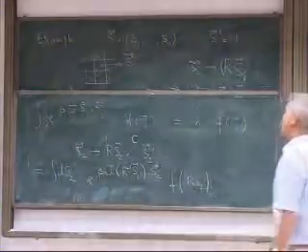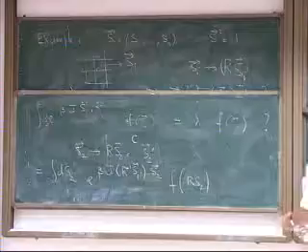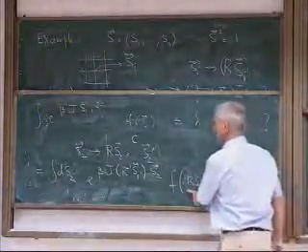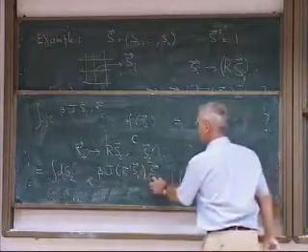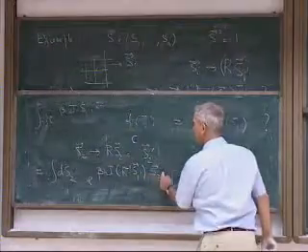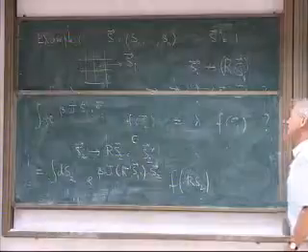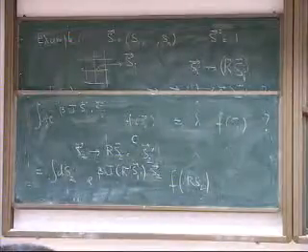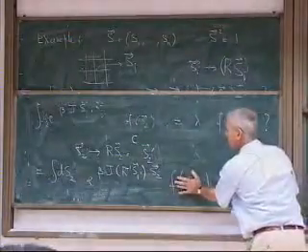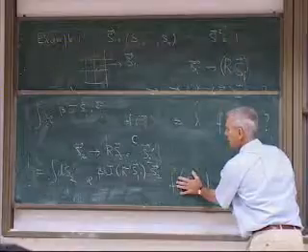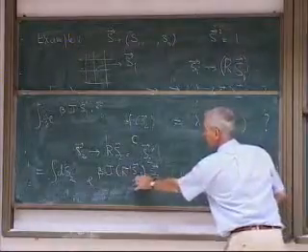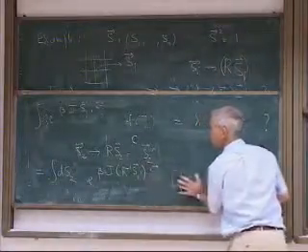I change S2 to RS2. If I change S2 to RS2, the function is changed to this. This function, I can put the rotation here instead. This is the same. And therefore, if I take a constant, I see that the right-hand side will be invariant by rotation.